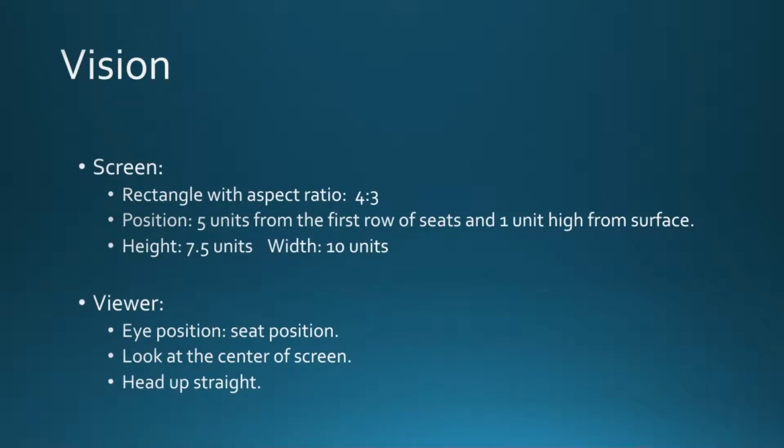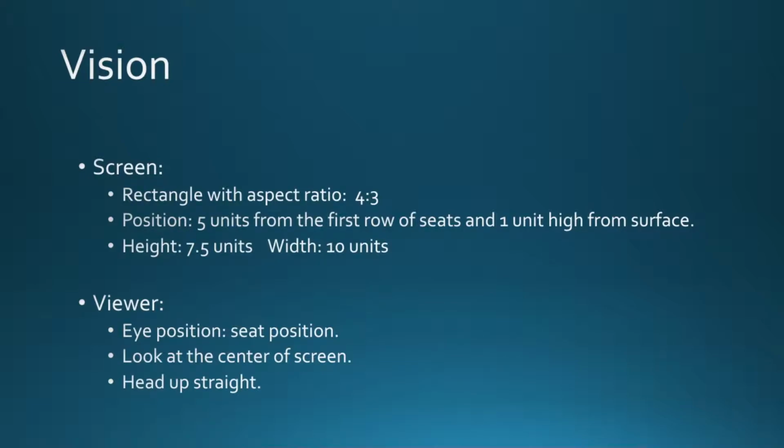The screen is a rectangle with an aspect ratio of 4 to 3, and the height is 7.5 units and the width is 10 units. In addition, the screen is 5 units away from the first row of seats, and its bottom is 1 unit higher than the surface.